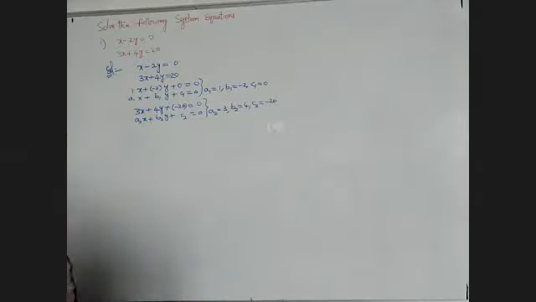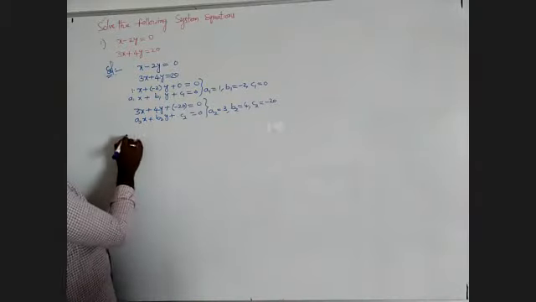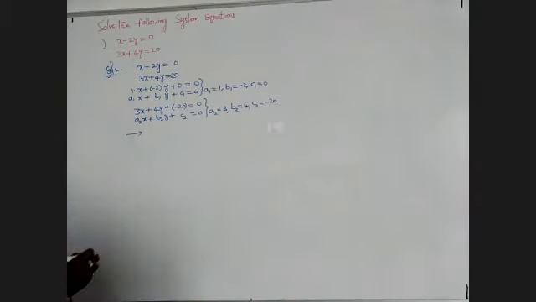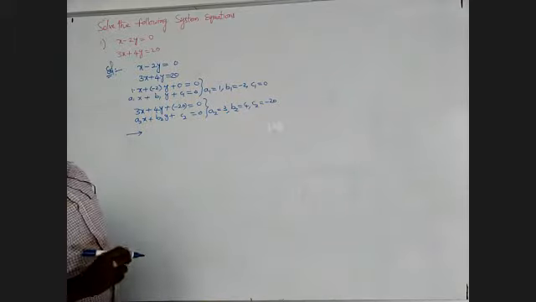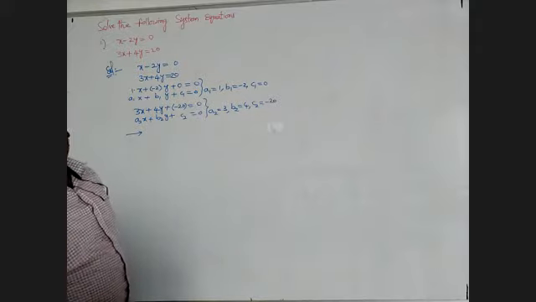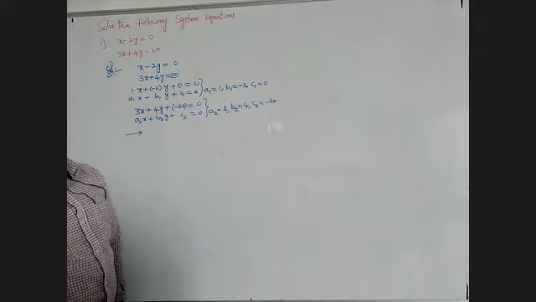We have to check the three conditions. First we check the condition a1 by a2 does not equal b1 by b2. If it does not satisfy, then we go to the second condition, and if that also does not satisfy, then the third condition.